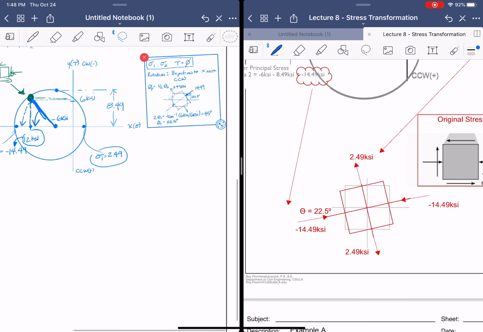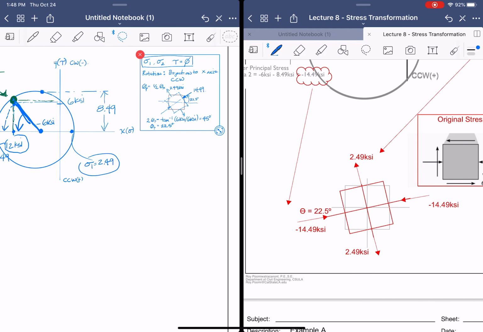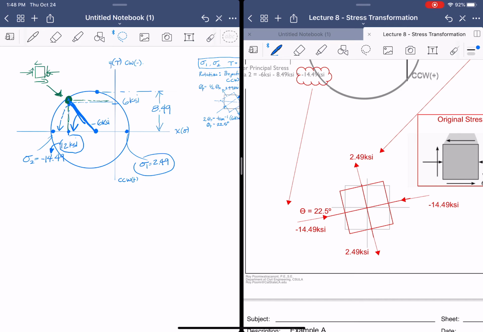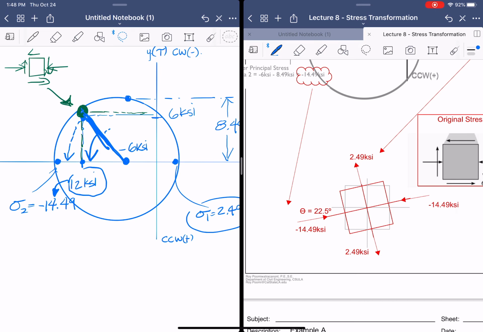Come on, this thing is so sensitive. There we go. Okay, so we did that, we put it there. Now what we're going to focus on is projecting it this way.